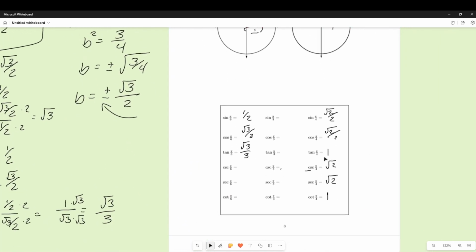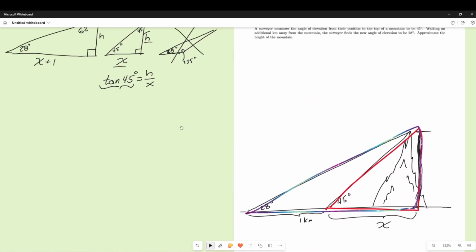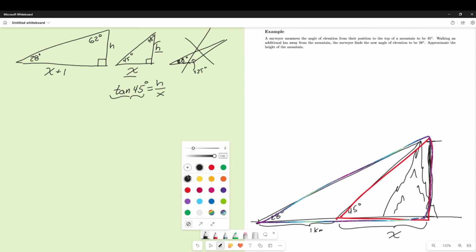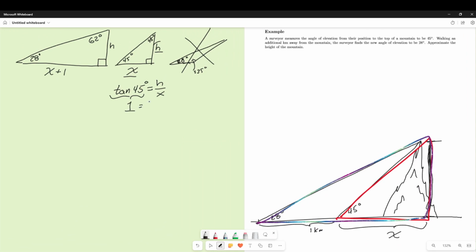The tangent of 45 degrees, or pi over 4 angle, is 1. So that tangent of 45 is 1 equals h over x. So x had better be the same as h. And that should have been fairly clear. I mean, this is 45, 45, so this is an isosceles triangle, so x and h had better be the same.